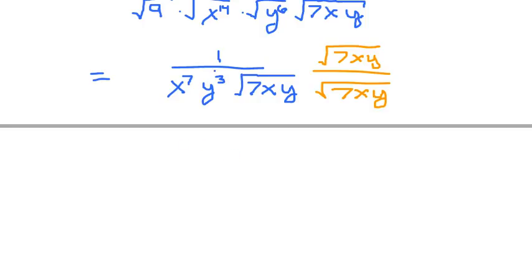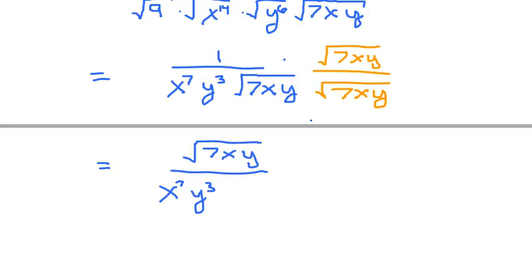Okay, so now we've got 1 times the square root of 7xy, so we're going to have the square root of 7xy over x to the 7th. We're just rewriting this, y cubed, and the square root of 7xy times the square root of 7xy is 7xy.